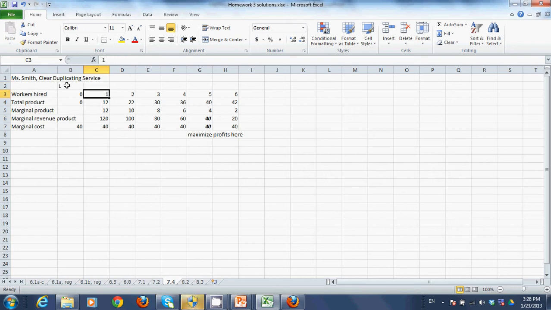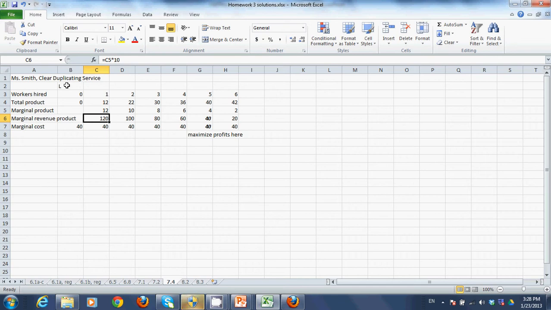And so as you hire more workers, labor goes up, of course. Total product keeps rising, but it rises at a diminishing rate. Marginal product keeps falling. Marginal revenue product, notice that my formula here, it's just marginal product times 10, because that was the specification of the problem.